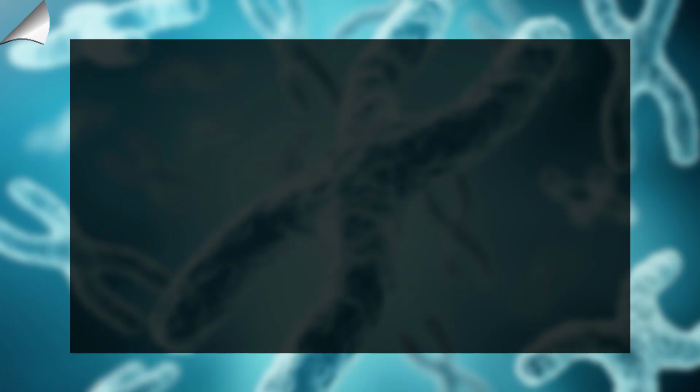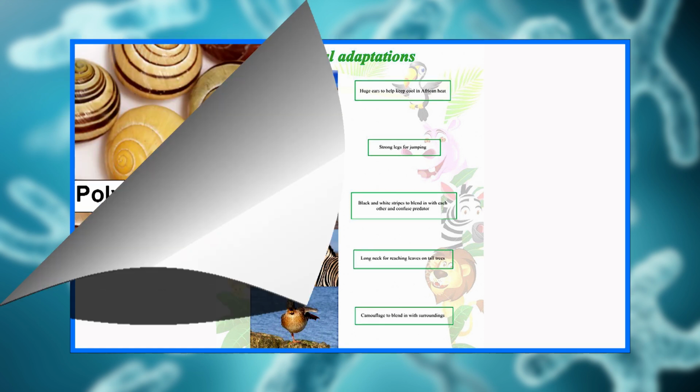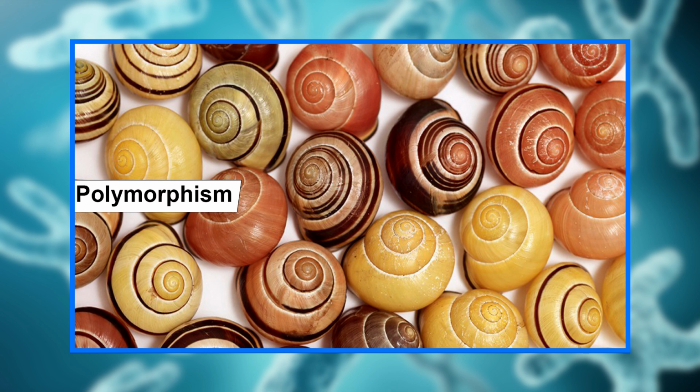Most studies in ecological genetics begin with one or the other of the 2 most prominent patterns in nature, that is, adaptation, the fit between an organism and its environment, or polymorphism, the maintenance of 2 or more phenotypic or genotypic forms within a single population by natural selection.